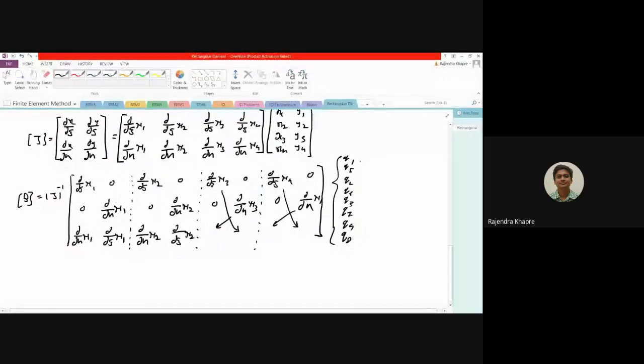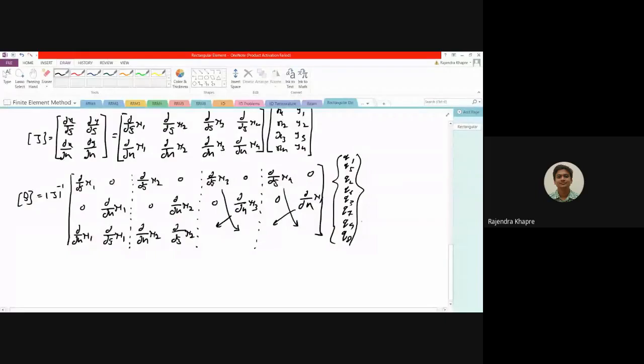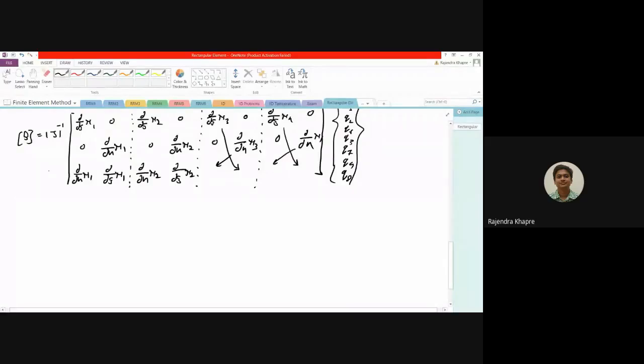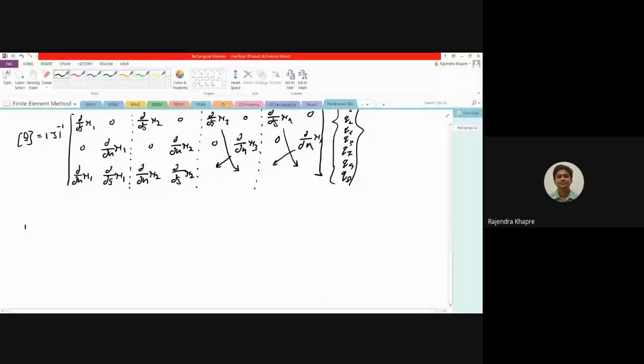So ultimately you are going to get a matrix which is something like this. All we have to do is go for derivation of N1, N2, N3, N4 with xi and with eta. So ultimately you are going to get a B matrix which looks like this.